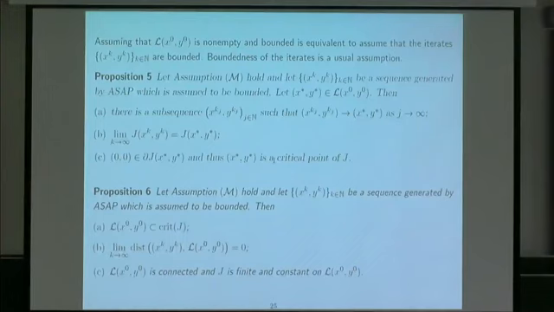We can prove that there is a convergent subsequence. We have to assume that the iterates generated by the algorithm are bounded, as in many other papers. It amounts to assuming that the limit point set is non-empty and bounded.